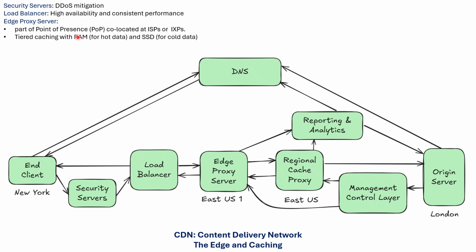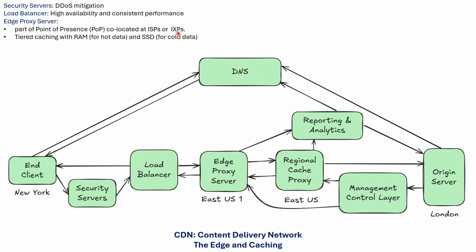Okay, so this point of presence, or POP, is co-located at ISPs or IXPs. ISPs, or internet service providers, are the companies that give us internet access. IXPs are the internet exchange points. These are the physical locations where different internet providers and content delivery networks agree to exchange traffic directly with each other instead of paying a third party.